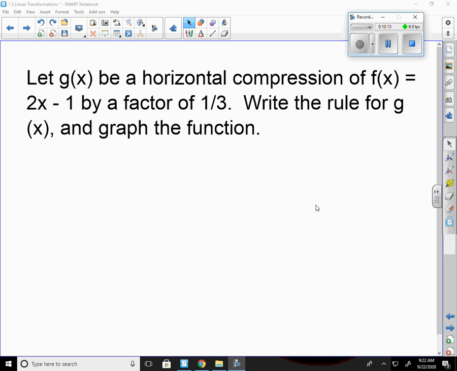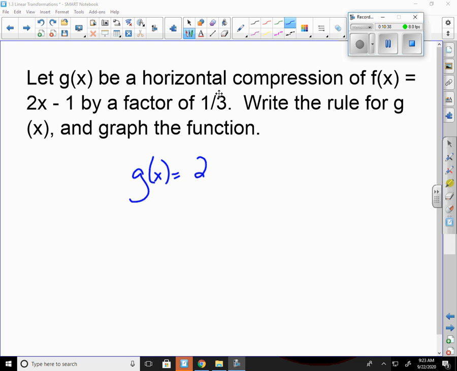Okay, let g of x be a horizontal compression of f of x equals 2x minus 1 by a factor of 1/3. Write the rule for g of x and graph the function. I want you to try this on your own first. So here we have g of x equals, then our original function was 2x minus 1. It says it's a compression by a factor of 1/3.